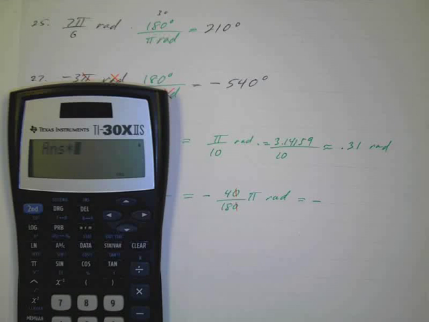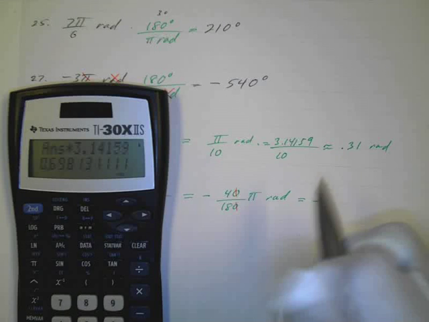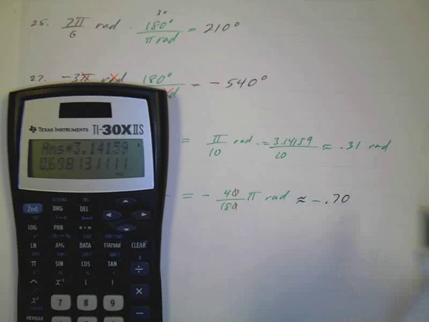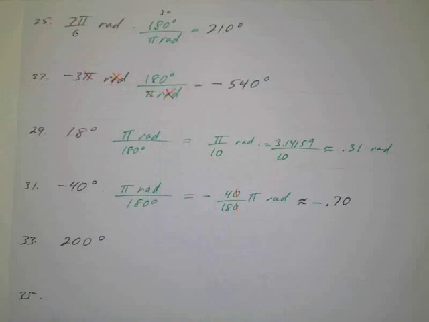If they don't, you can just multiply times 3.14159, enter, and 0.69, and if we round that off, it's about 0.70. So it's approximately, this is an approximate sign, 0.70.